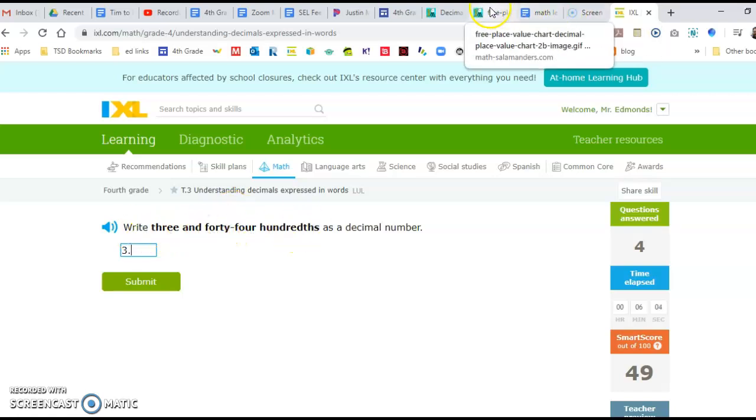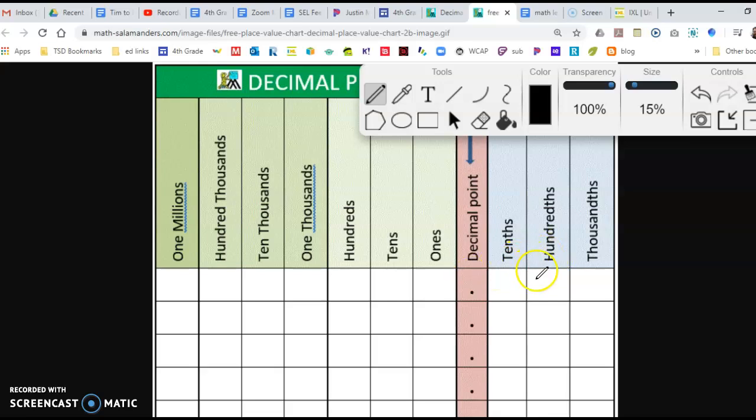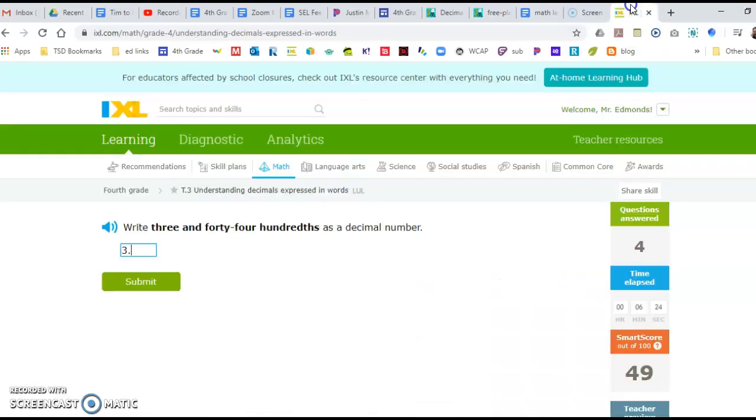So we know it says hundredths, so our digit farthest right has to be in the hundredths place. So we're going to say 3. Here's our and right here. 44 hundredths. So we're going to write the 44 right here. And the farthest digit to the right is in the hundredths place. Therefore, the number is 3 and 44 hundredths.